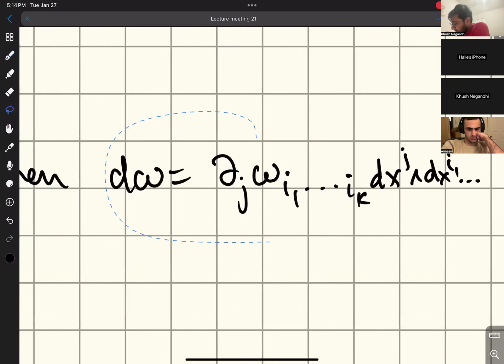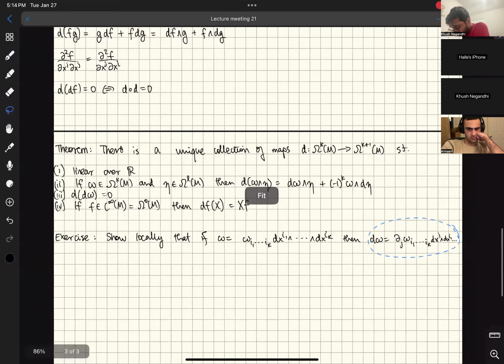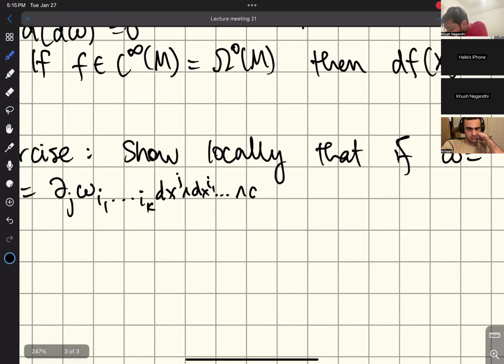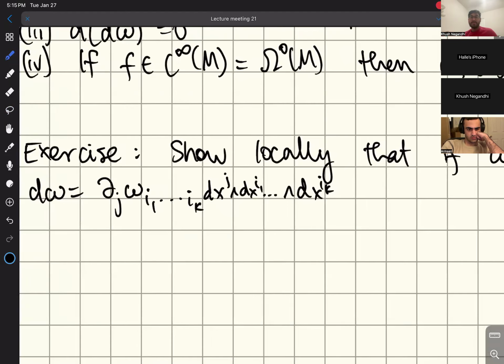Oh, out of space. And I hope this is at least sort of what you would expect this derivative operator to look like. Like you would expect it just to be this simple.